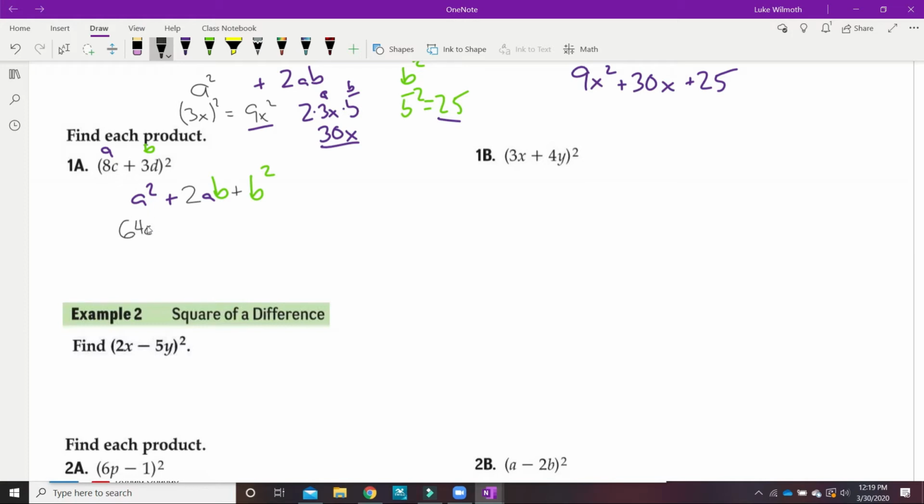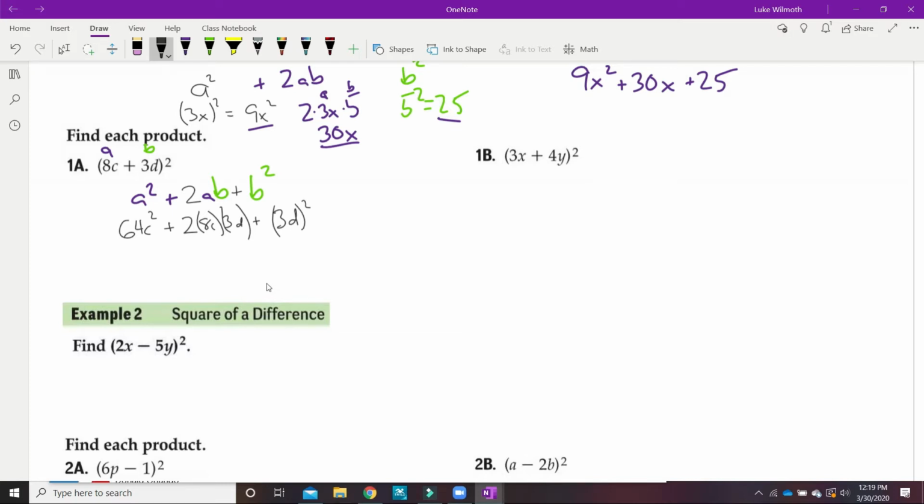And that's a C there, so it's C squared. Plus 2AB. I'll write this step out. 2 times A is 8C. B is 3D. Plus B squared. The B term is 3D, so it's 3D all squared.